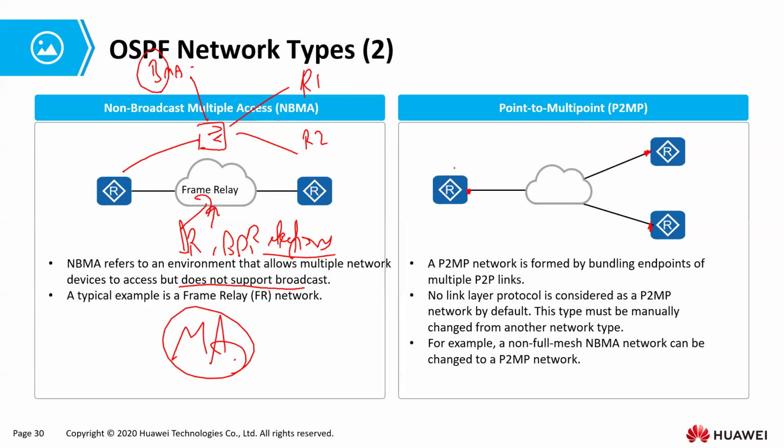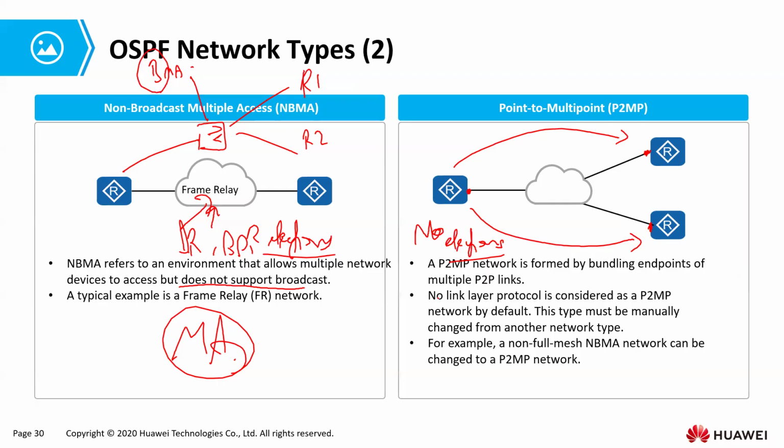So there is a point to point between this one and this one. It also has another point to point with this one. We do not have an election here. So here we configure our network sort of as a point to point. There will be no election process.